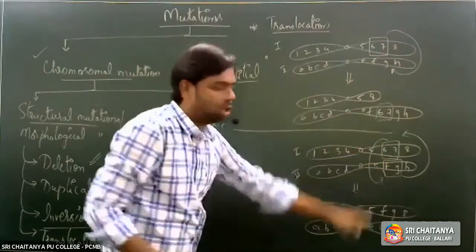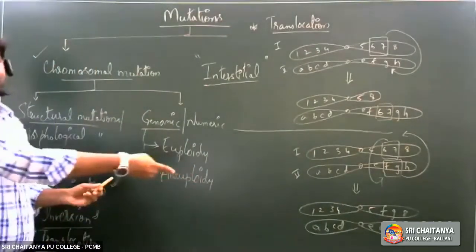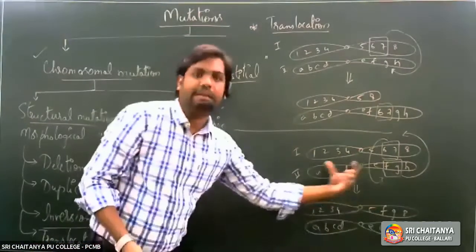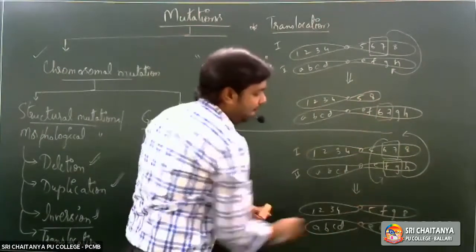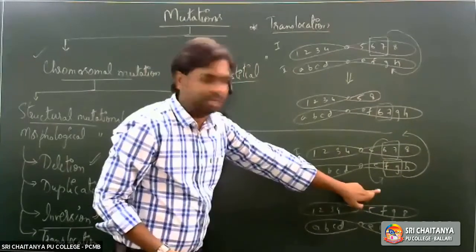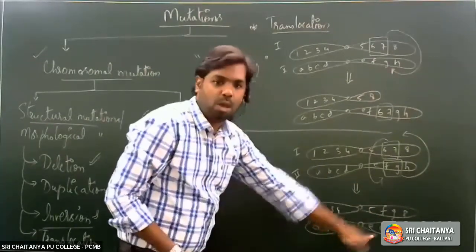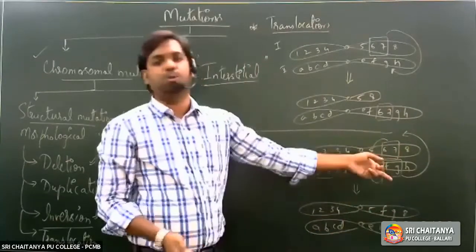So this sort of mutation where there is a replacement happening. The genes are getting replaced. Whichever part is being cut from chromosome number 1 has been attached to chromosome number 2. Whichever part has been cut from chromosome number 2 has been attached to chromosome number 1.